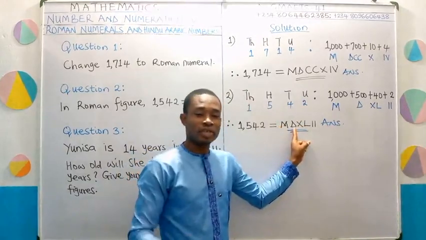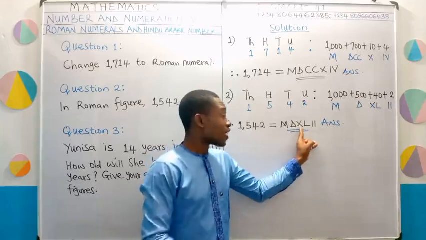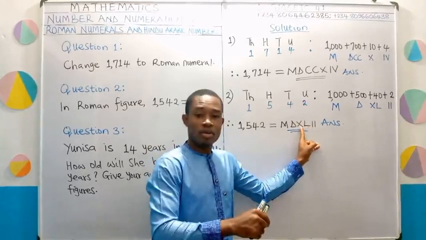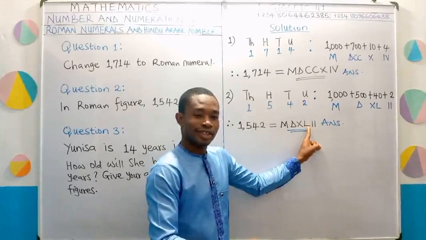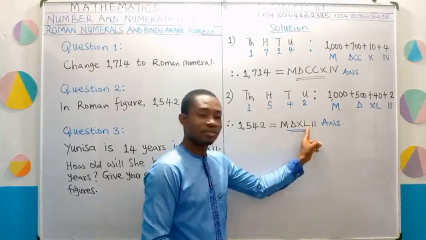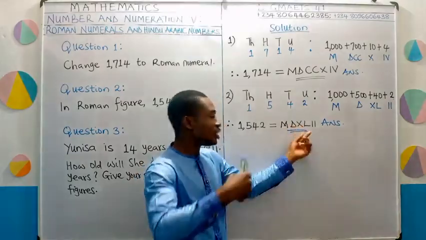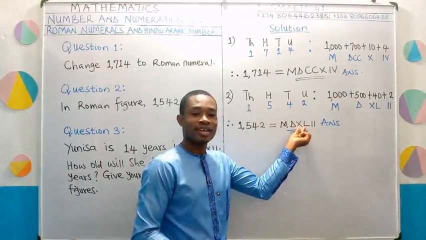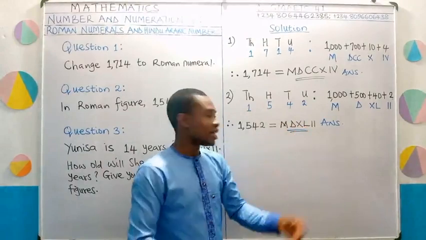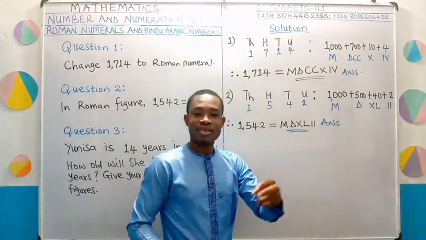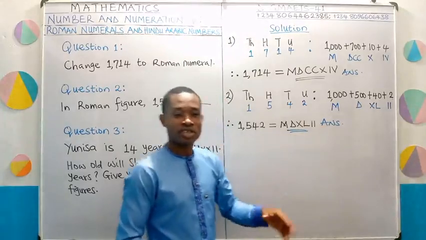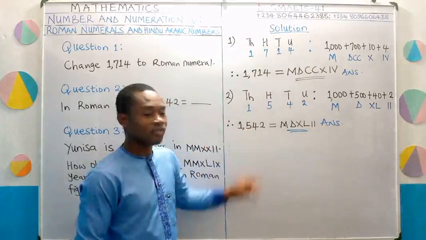D is 500, making it 1500. You have XL, smaller numeral and bigger one. So you're going to do subtraction. You pick the two of them, 50 minus 10, you get 40. So 1500, add it to 40, you get 1540. Then II is 2. Add 2 to 1540, and you get 1542.